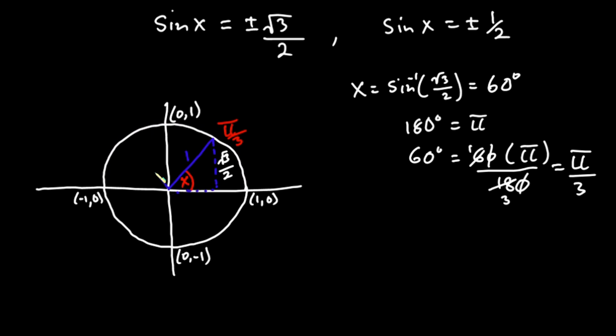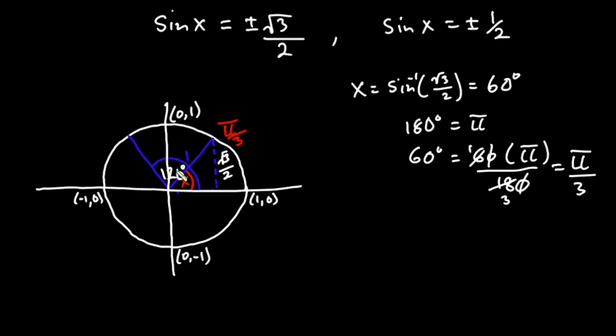Now let's draw another radius here to divide the semicircle into 3 equal parts. Since we know that this angle is 60 degrees, it means that here is also 60. So from this point to this point, the total angle is going to be 60 plus 60, which is 120 degrees. So we're going to have 120 degrees here.